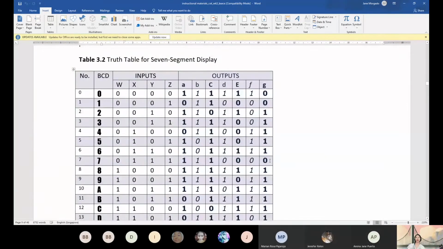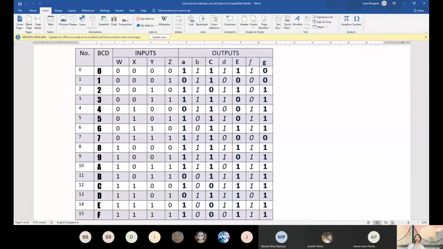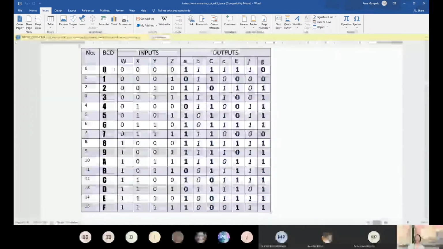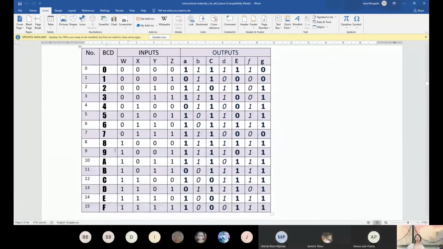Let's have the example here. Let's proceed. We have BCD, 0 to 9.